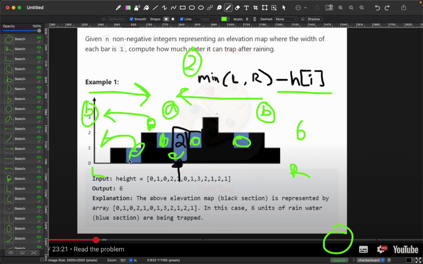As we see over here, the first one has no water because it doesn't have the second barrier over here to trap the water. So this water will not be able to be trapped. Now what's the problem for the water over here?